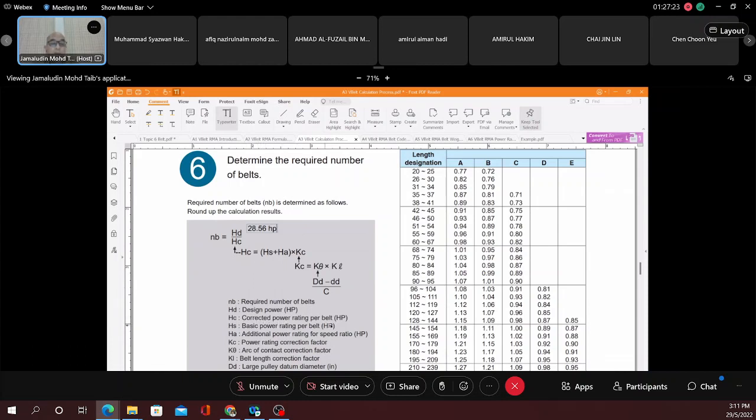H_a is going to be the corrected power rating per belt, which is equal to K_theta K_L times (H_tab plus H_a). What is H_tab? The basic power rating. What is the additional power rating?